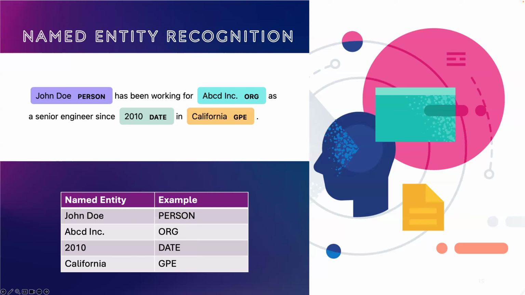And now let's look at this example because I think it explains it quite easily. We have here, for instance, John Doe has been working for ABCD Incorporated as a senior engineer since 2010 in California.